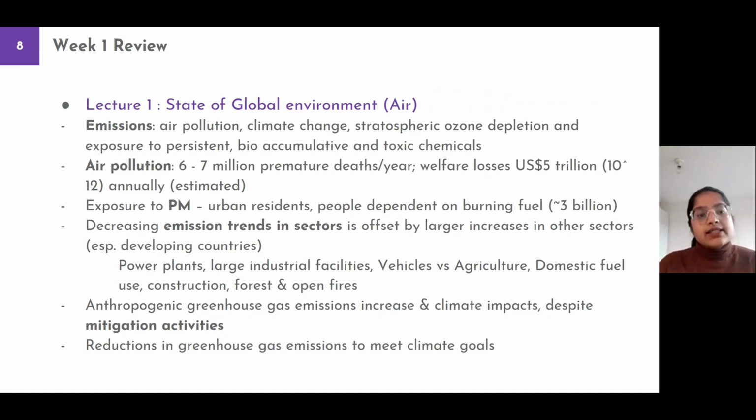Also, we see that anthropogenic, or human activity based, greenhouse gas emissions have increased, which has climate impacts as well, despite mitigation activities being taken by different governments and people across different sectors. And the only way to control and improve the quality of the environment is to reduce greenhouse gas emissions to meet the climate goals set up in the Paris Agreement 2015 and so on.